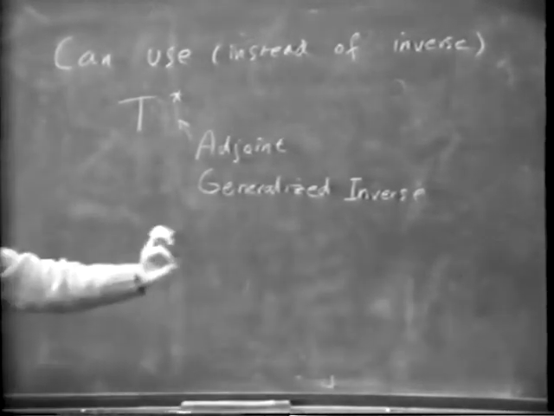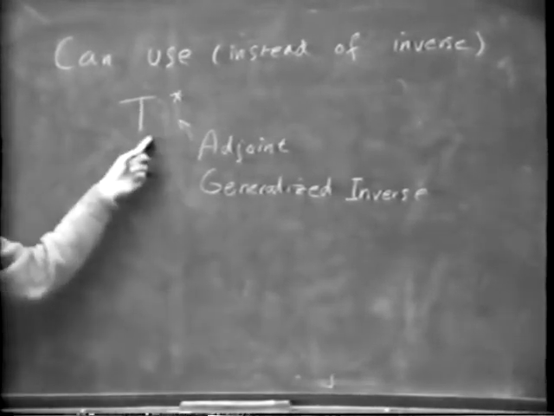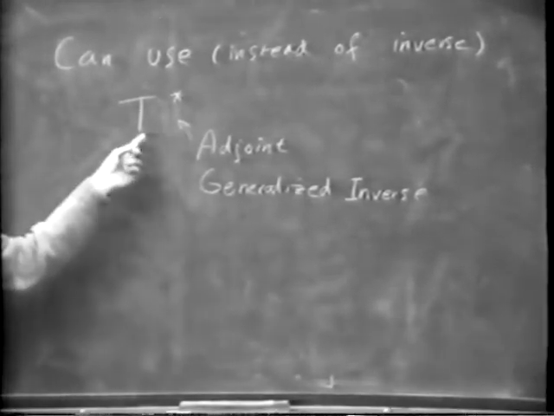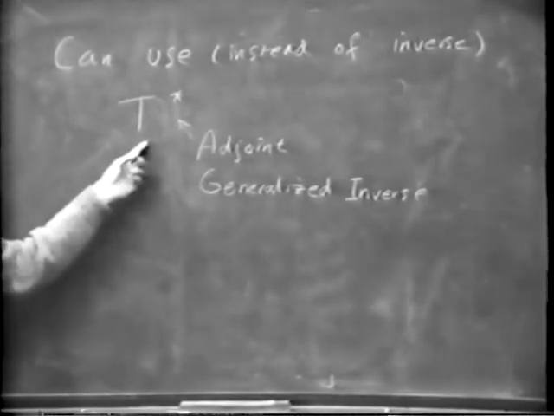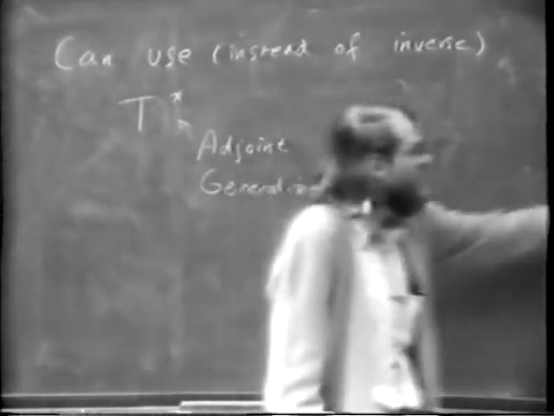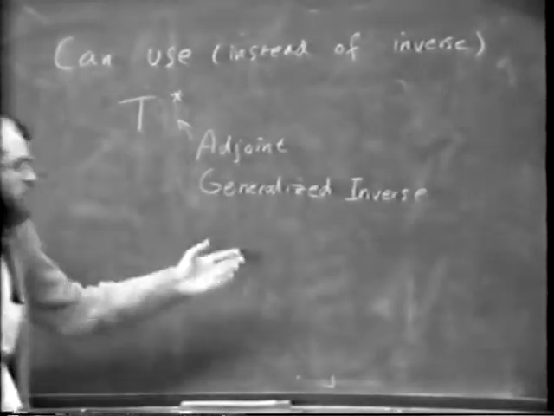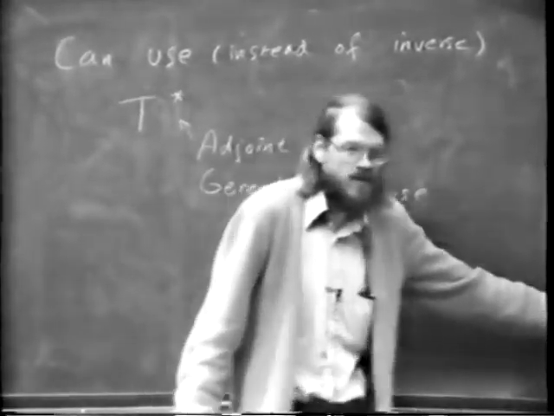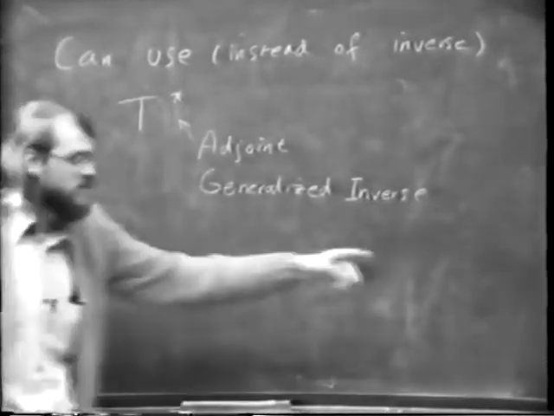If you just leave out the last step, go through the first 3, and stop there, what you've got is this, T star, the adjoint. This is equal to the inverse of the matrix, except for some arbitrary non-zero scale factor. Now, since in all these cases any non-zero scale factor times the matrix is the same shape, we don't really care if there's some arbitrary non-zero scale factor in here, so we can get away with just multiplying by the adjoint.